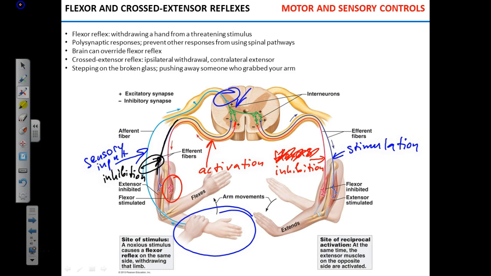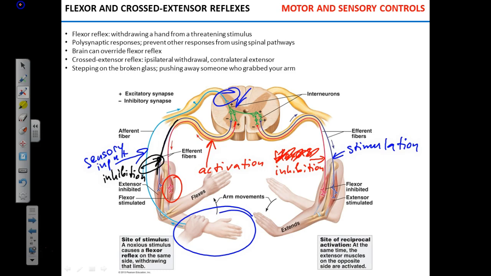The stimulus, which is grabbing an arm, will activate which flexors, ipsilateral or contralateral? The stimulus will activate ipsilateral flexors and contralateral extensors. Does that make sense?